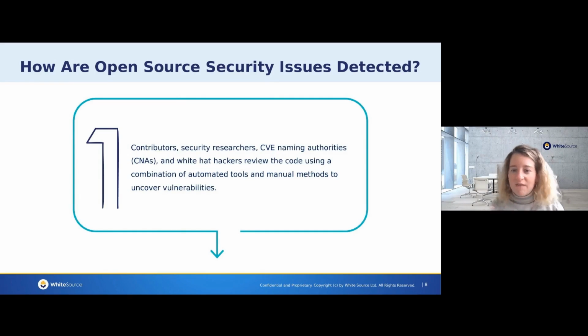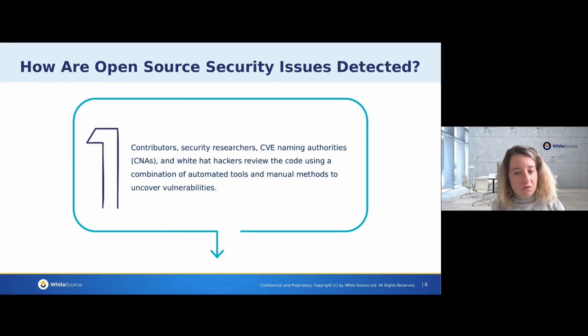We have open source maintainers that are contributing to the open source, and then sometimes, even if it's not a malicious package, there may be vulnerabilities, problematic code or things that are insecure. Usually the people who find those vulnerabilities are either other contributors, security researchers, or CVE naming authorities. By the way, WhiteSource is one of them, and it can also be white hat hackers.